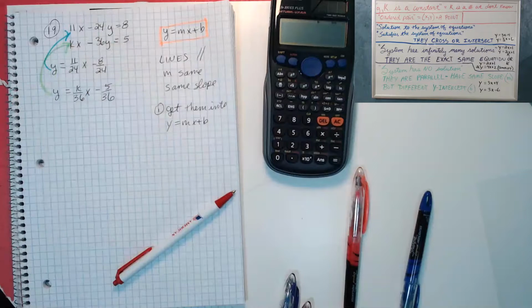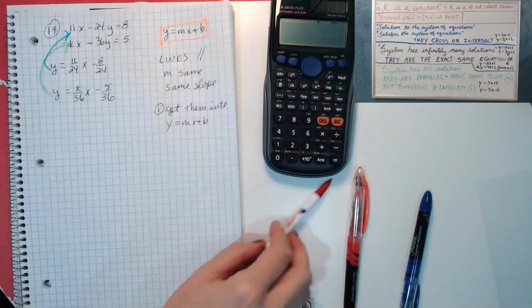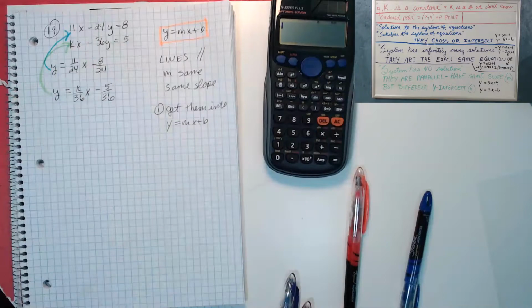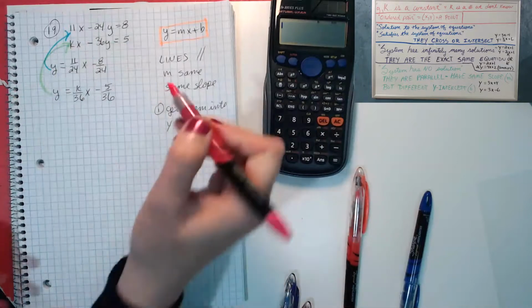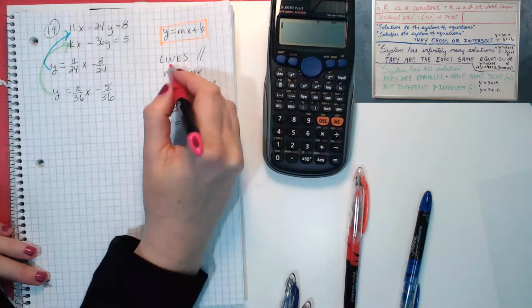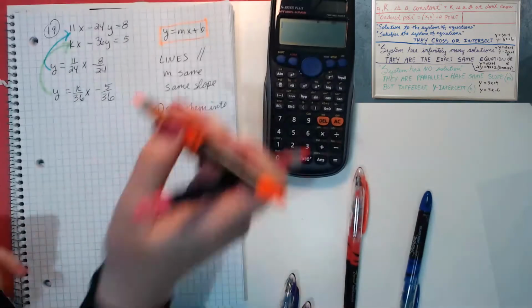Okay, what I wanted you to see is because we are dealing with lines that are parallel, they have the same slope, right?